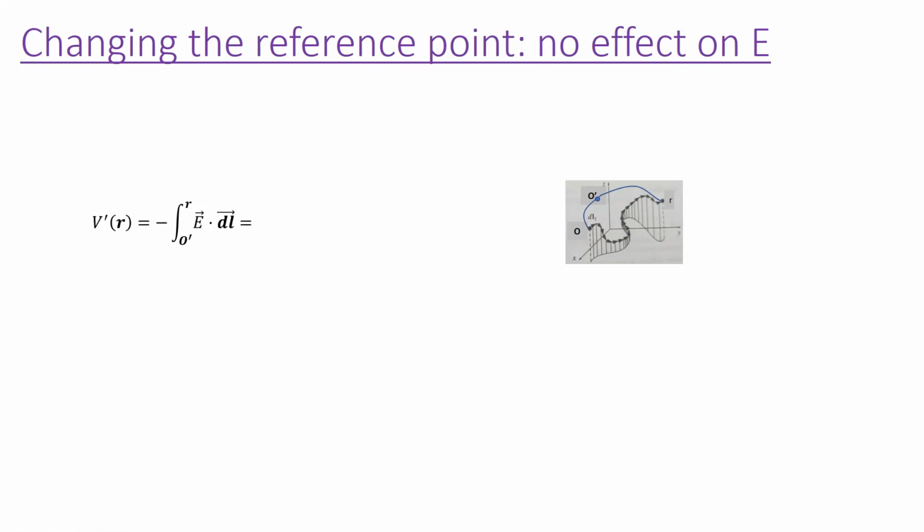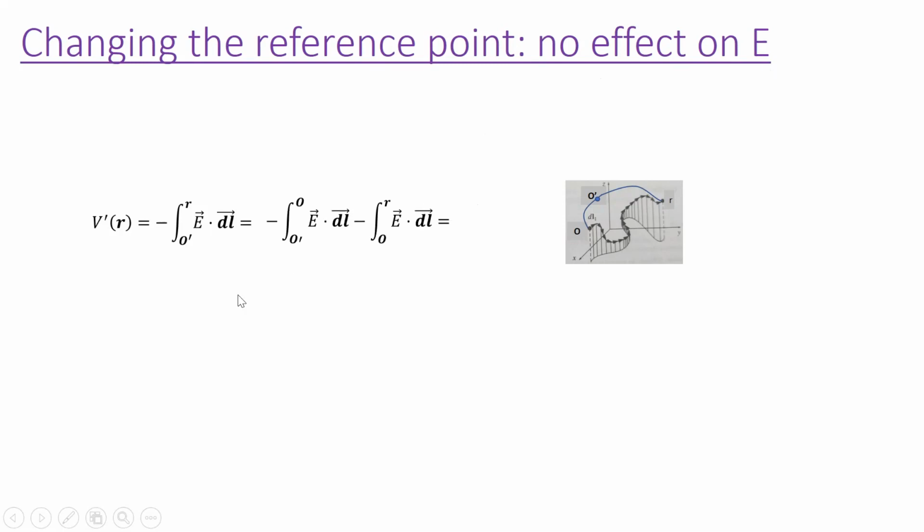Well, yes and no. It's going to give me a different value: V prime will be different than V was before, but it has no effect on the electric field, which is what we really physically care about, because the electric field causes forces.